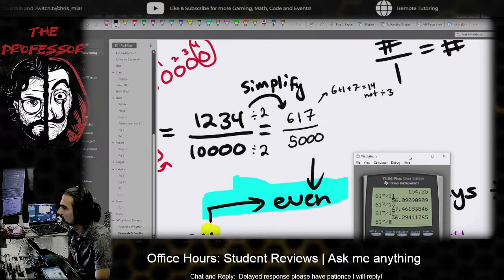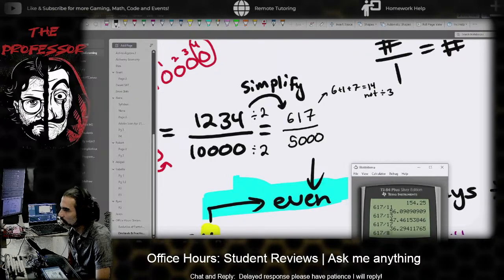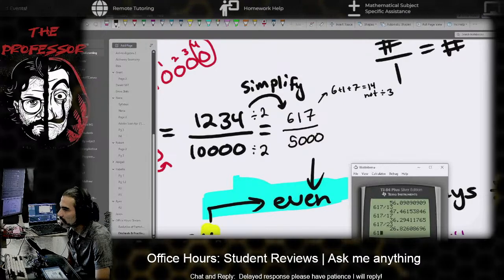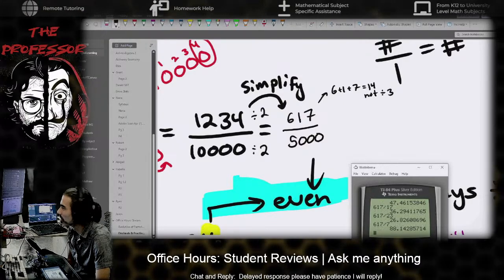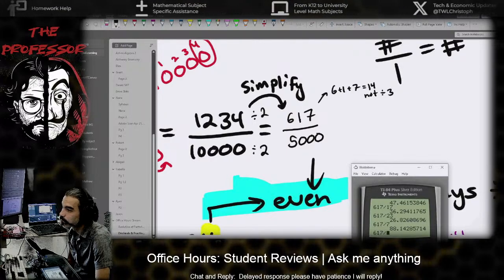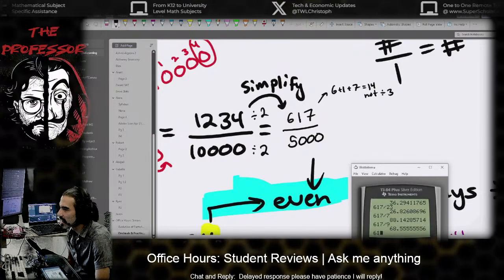Can see the outcomes here. 23 maybe? Nope. 617 divided by 7, not gonna work. We tried that, I believe, yeah. 617 divided by 9? Nah. I'm pretty sure this has got to be a prime in itself.